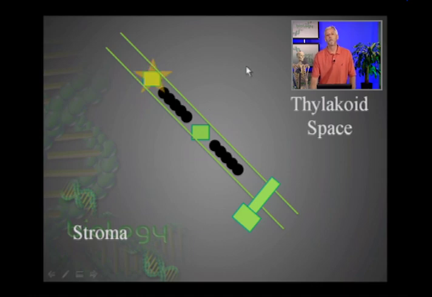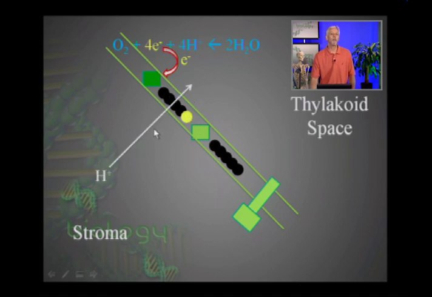So chlorophyll A is going to get excited, struck by a photon of light. It's going to lose the electron. It's going to be replaced by an electron from the breakup of water. That gets passed through this first series of electron transport systems. And again, this is the photosystem 2. And what happens here is that's where the hydrogens are pumped. So there are hydrogen pumps in this electron transport system.